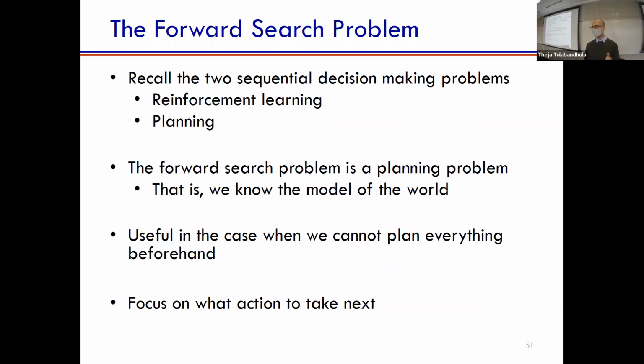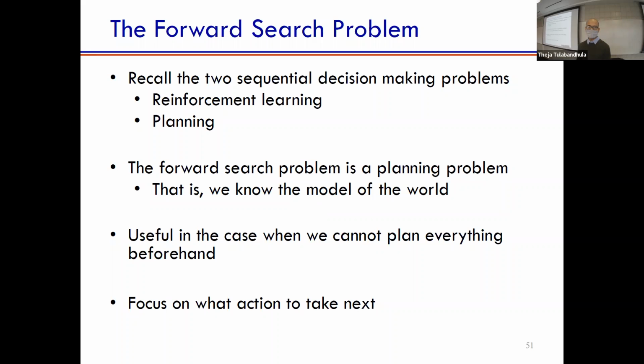Another planning problem that we'll introduce now is called the forward search problem. Forward search problem is a planning problem, very similar to the MDP problem. In planning problems, we know everything about the world, like in this case, how to play the game of Go. But the difference between MDP and the forward search problem is that in MDP you're trying to find the policy, very similar to RL, which tells you what to do in every state.